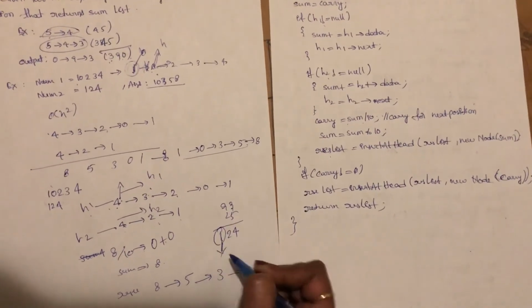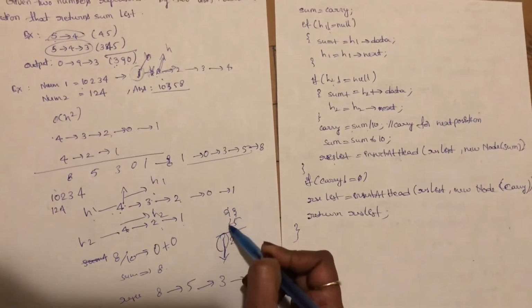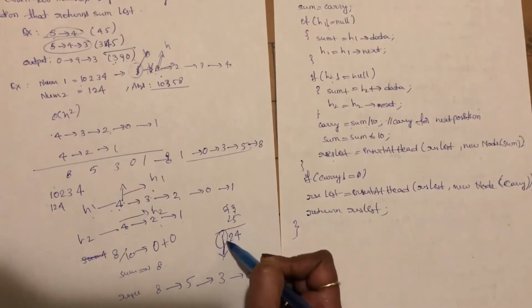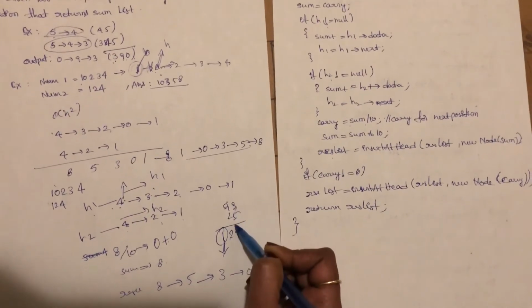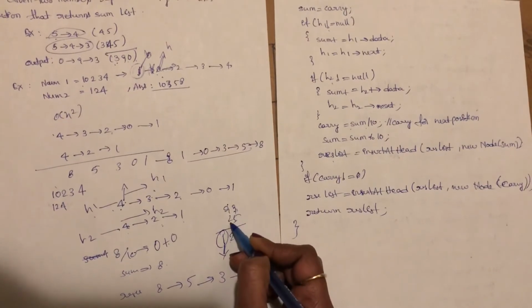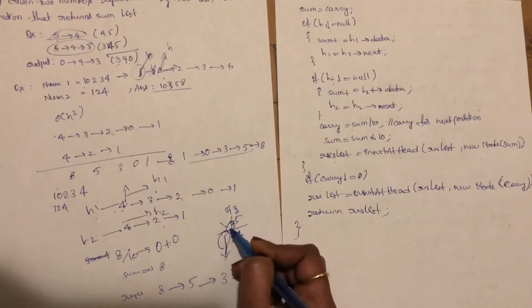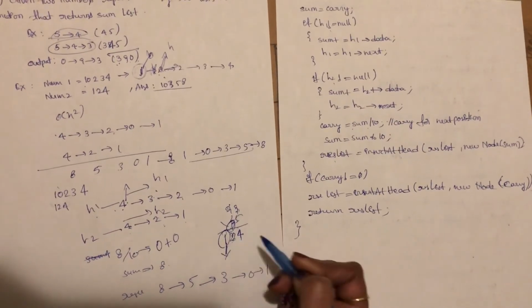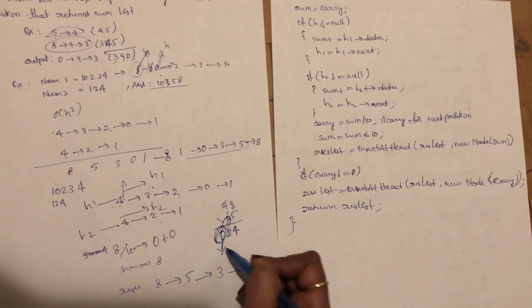For this condition, if we add 9 plus 5, we will get 14. So this is going to be the carry. 9 plus 3 is going to be 12. We got an extra node here.